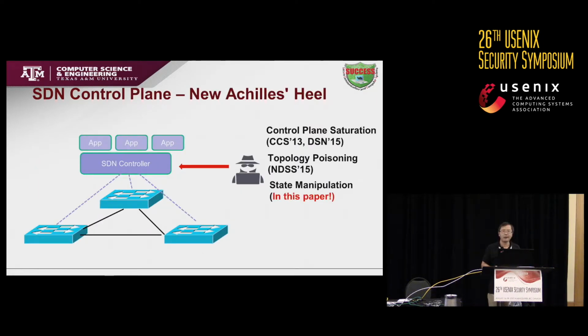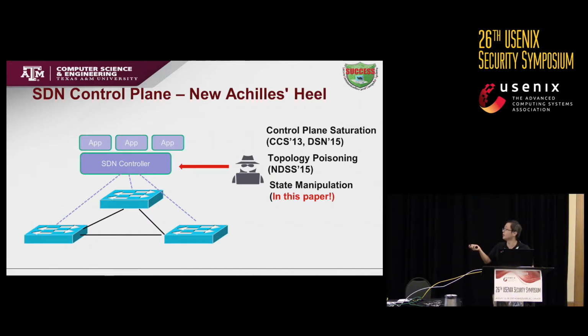However, while the SDN controller, which is considered the brain of the network, provides a lot of benefits, it also brings a new attack surface. In the past, we presented the control plane saturation attack, a new kind of denial of service attack in the SDN space.